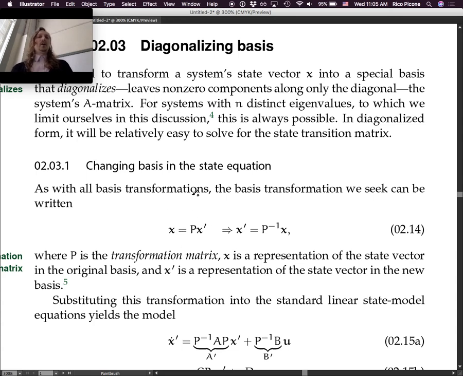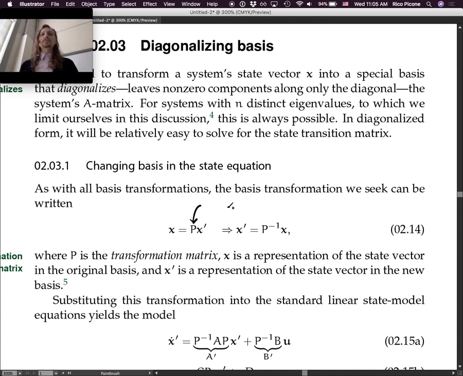The original x vector is equal to P, which is called the transformation matrix, times x prime, which is our new vector in the new basis.